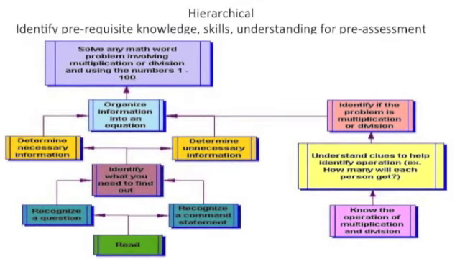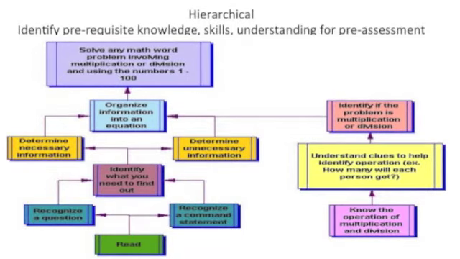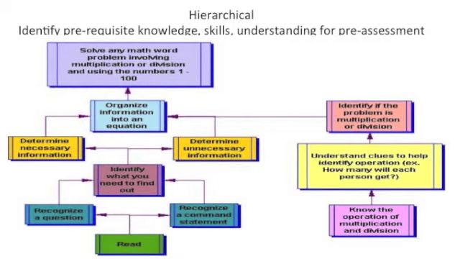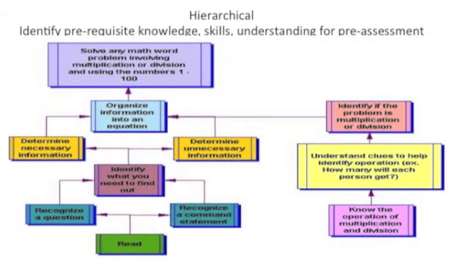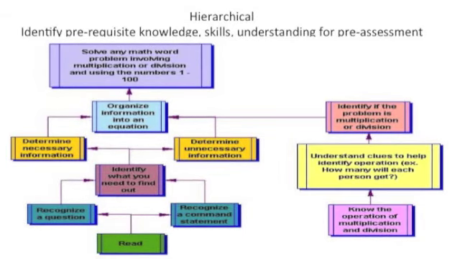Here we have a hierarchical analysis. Here the teacher wants to identify the prerequisite knowledge and skills and understanding necessary to complete a word problem in math, and so we're going to task analyze to solve any word problem in math involving multiplication or division and using numbers 1 to 100.